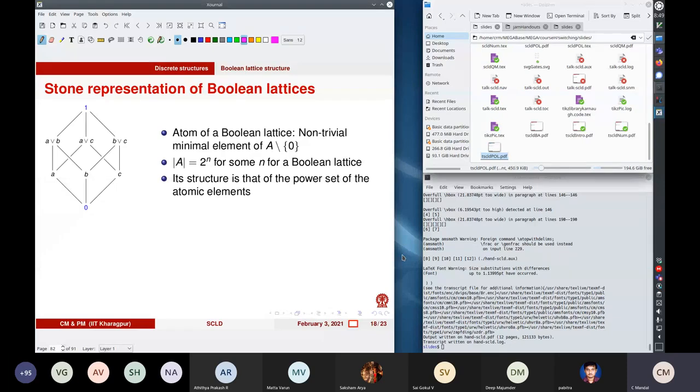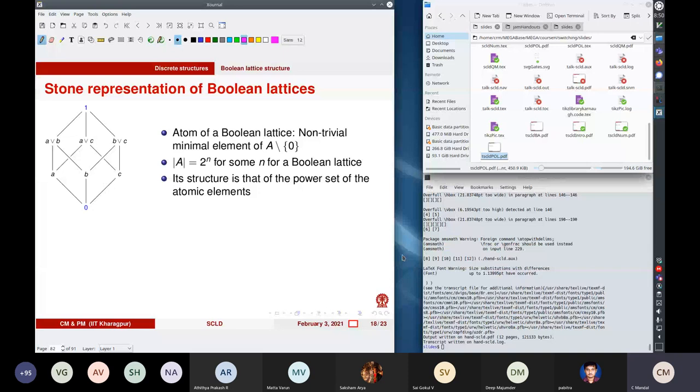the atoms, which in a Boolean lattice will be the atoms. That also suggests that there is an isomorphism between Boolean lattices and power sets. After all, what are the possible irredundant sums of the atoms?